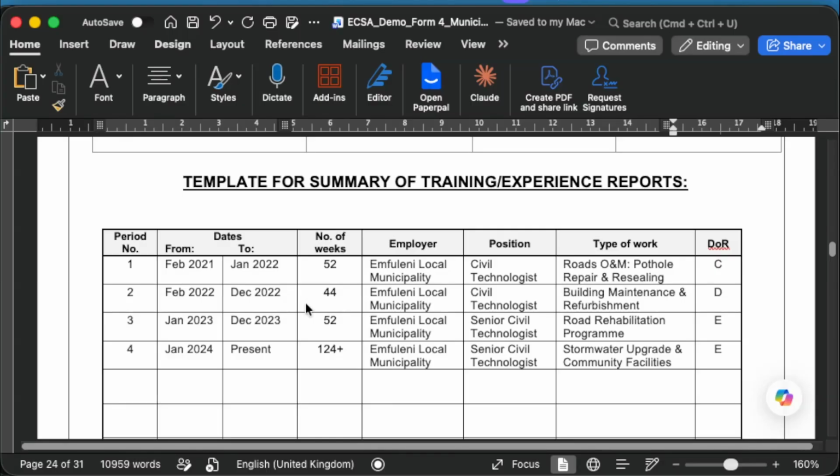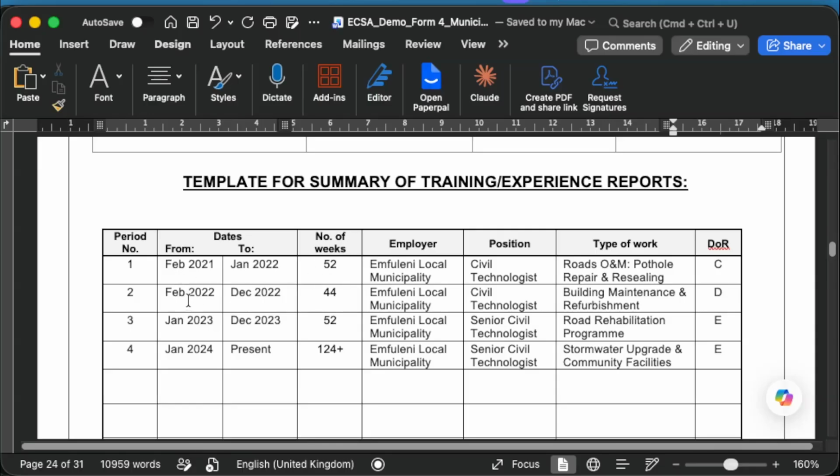If you have been working for 5 years and you have been progressing in terms of responsibility, promotion, and the kind of work you have been doing, it's always good to have it captured first in your summary of experience or summary of training.